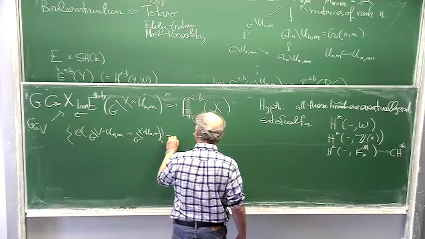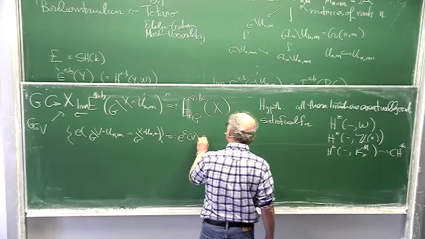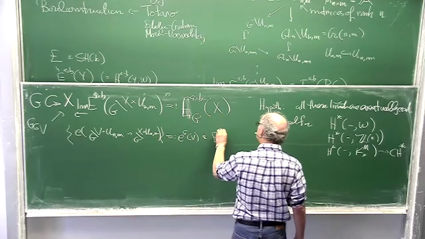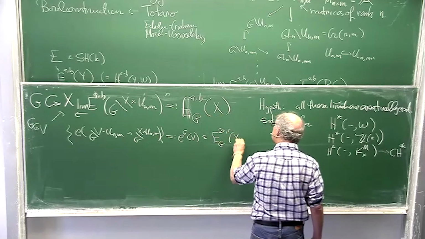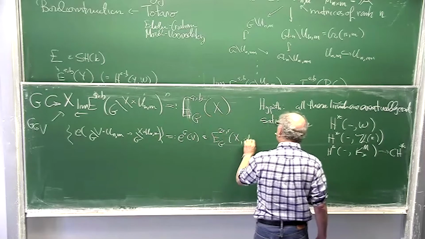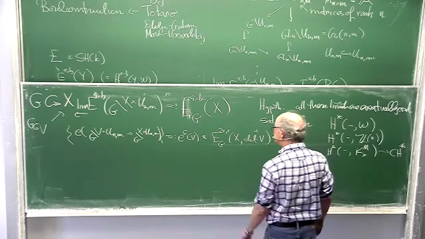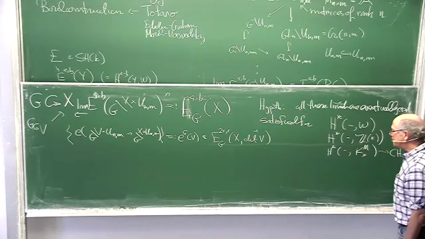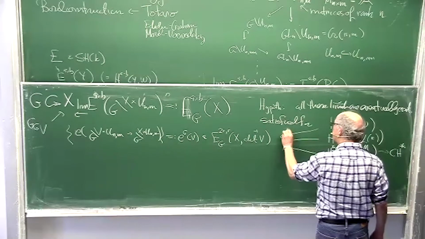This gives me this class E_G in the cohomology of X with a twist by the determinant. This is assuming E is what's called an SL-oriented theory, which is true in all of these cases.